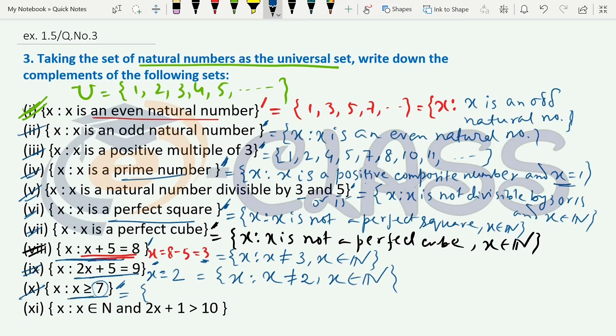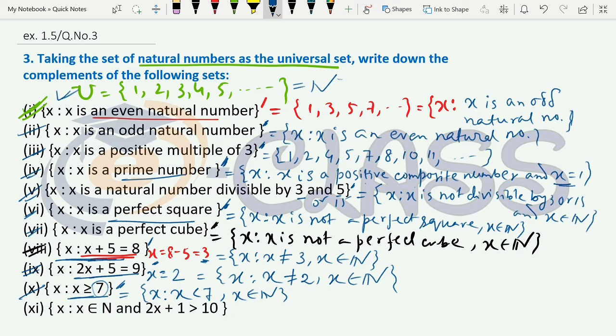The complement contains those elements which are less than 7 and also belong to the set of natural numbers, because the universal set is the natural number set.